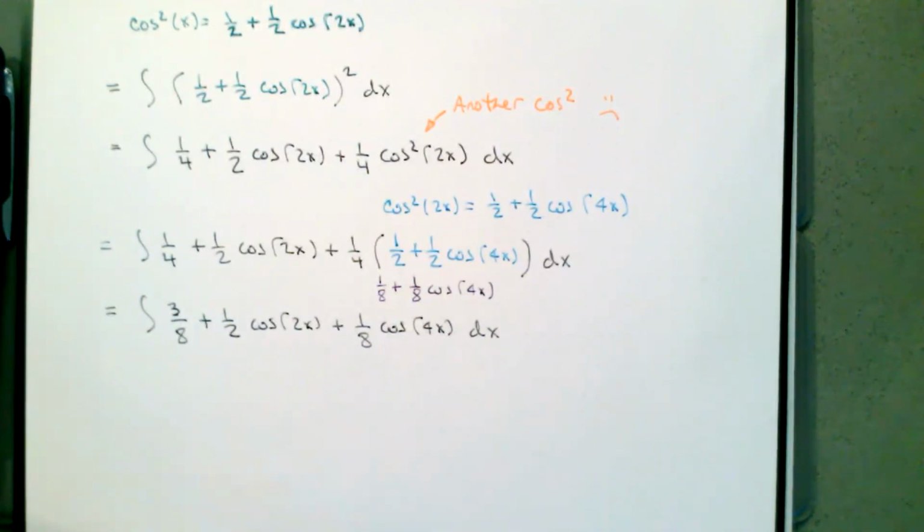And now I could just integrate cosine of 2x. That's just going to be a 1/2 sine of 2x. And the integral of cosine 4x is just going to be a fourth sine of 4x.